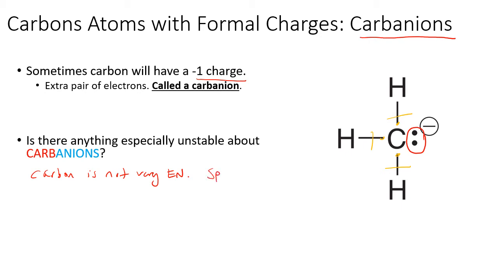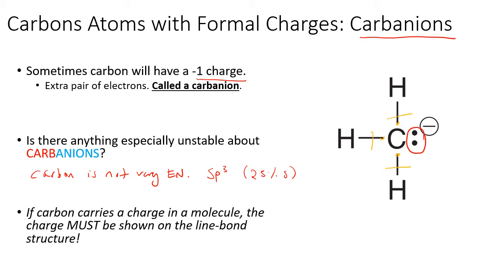Carbon is sp3 hybridized. And so something we'll learn is you can figure out the percent character of S compared to P in a hybrid orbital. And the higher the percentage of S character is, the more stable those lone pairs would be because they would lie closer to the nucleus. But in this case, it's only about 25% S character. And so it's just not a great hybrid orbital for that negative charge to be lying in. So carbanions are unstable as well.